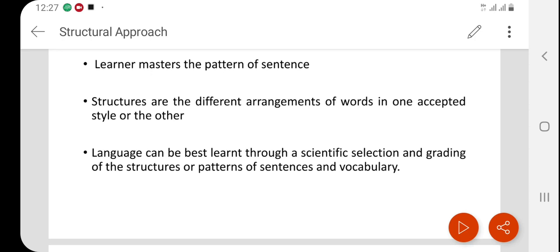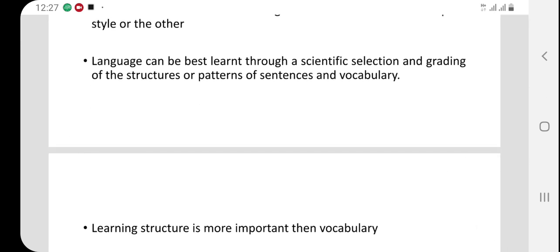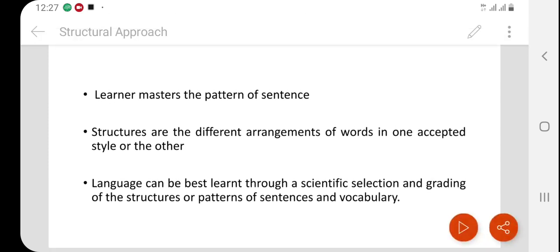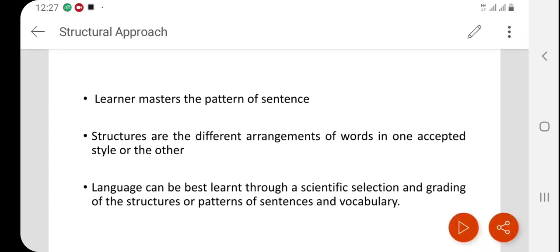Through scientific selection and grading of the structures, again the same thing. One thing must be clear here: when we say that we do not focus on vocabulary, it doesn't mean that we completely set aside or forget about vocabulary. When we say the arrangement of the words in a sequence, the words are actually vocabulary. So how can we make sentences?